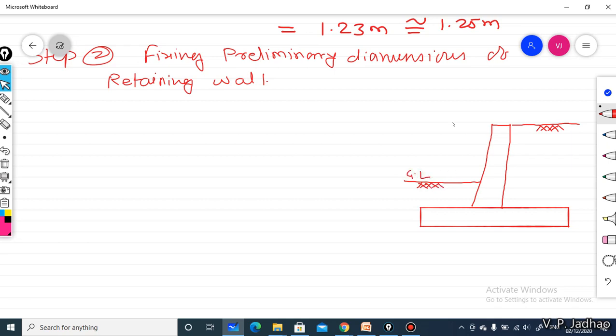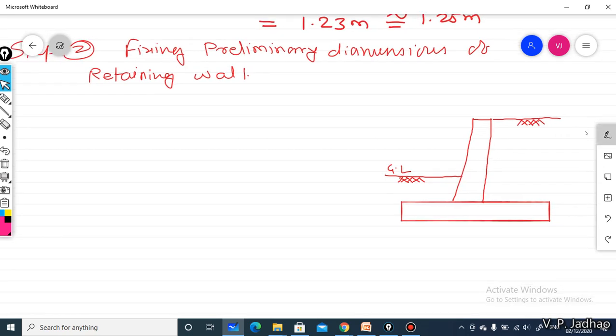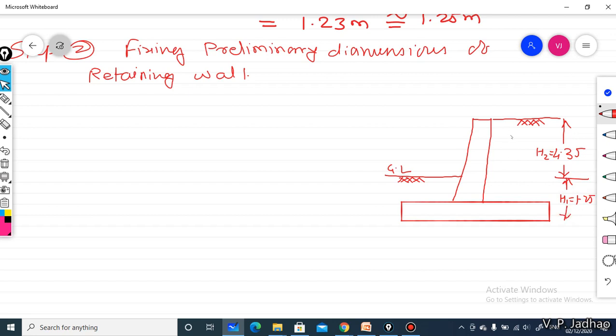We have this value as 4.35, this is H2, and we have H1 equal to 1.25 meter.